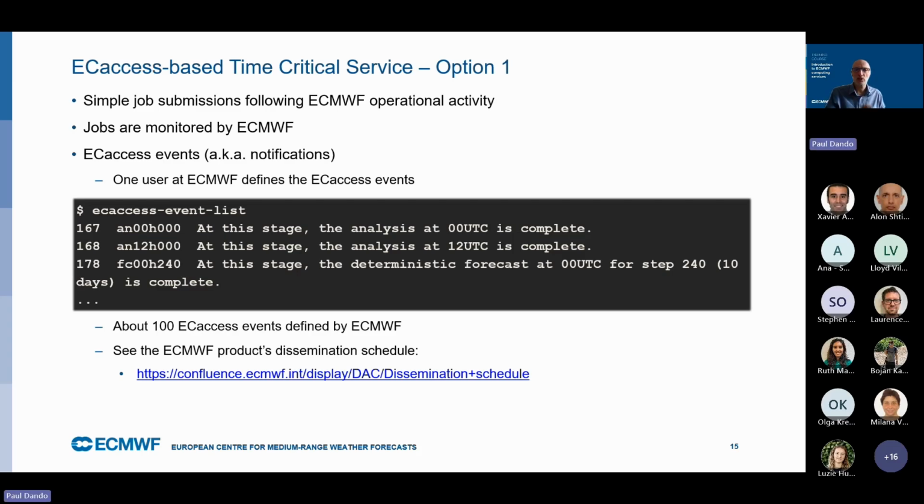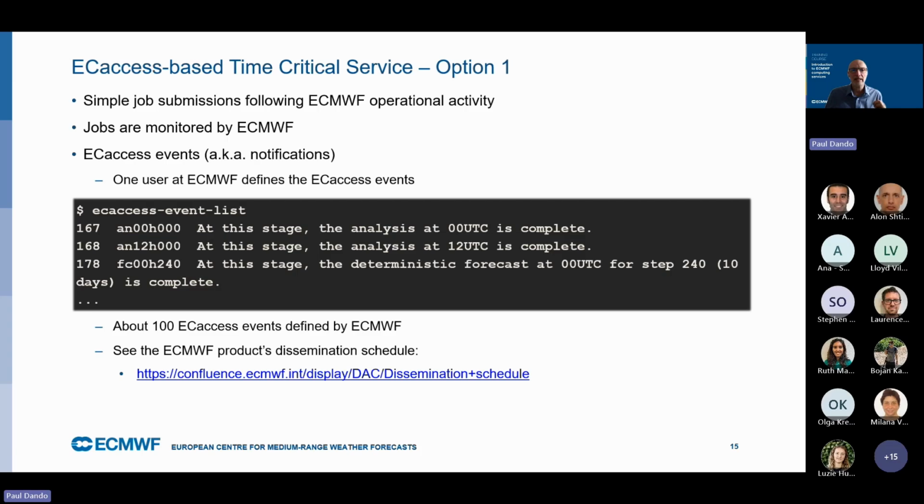Data that we send out to our customers and to our member states also follows this schedule, although we do these days provide it as what is called a pre-scheduled delivery. So this is as soon as possible: as soon as the data is produced, we send it. But otherwise, the data is held and released at a time according to the schedule. And there's a time for each forecast step.